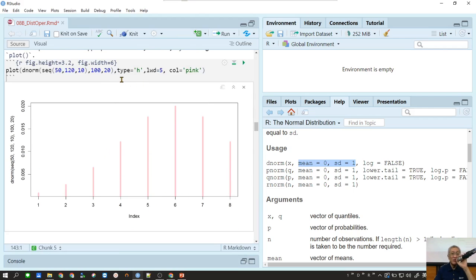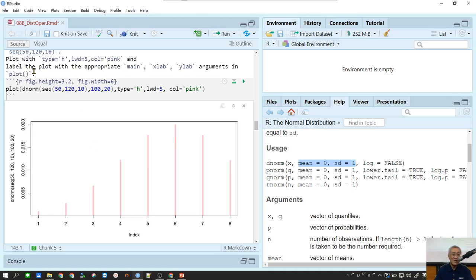So this is the density, okay. But normal distribution is not a discrete distribution, so if you plot this, it's kind of misleading, right? Okay. So I want you to label this chart, in the main title and the x and y labels, right?